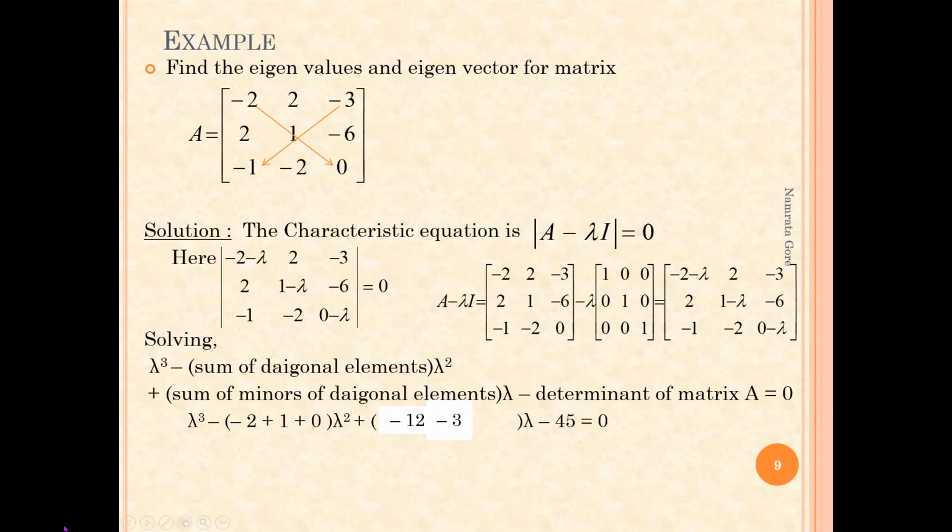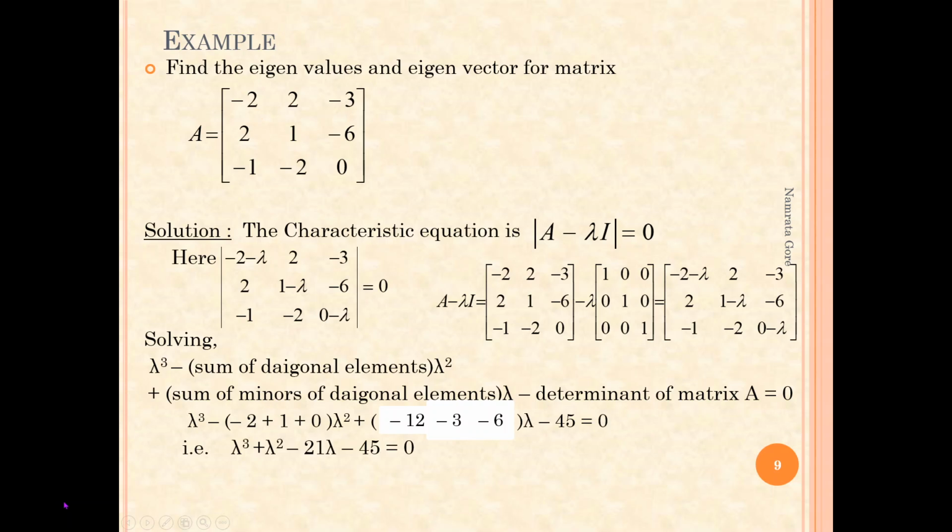Then for the second minor, of 1, it will contain -2, -3, -1, 0. So it will be 0 minus 3. Then for the diagonal element 0, the minor will be -2 into 1 and -4. So -2 minus 4 is -6.